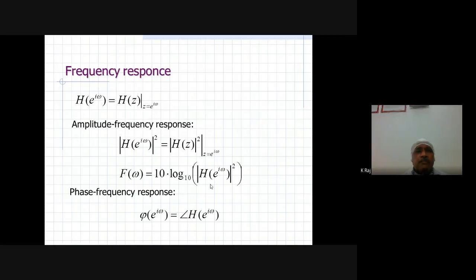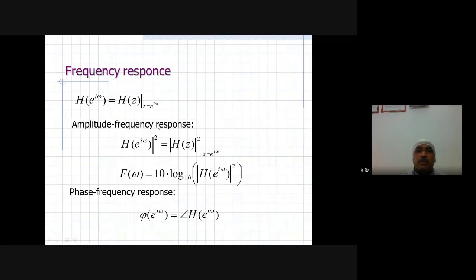Now if the transfer function is given, then in order to get the frequency response, first z will be replaced by e^(jω). We are concluding what we have discussed in the examples. Z is replaced by e^(jω), and we get a complex function of e^(jω).